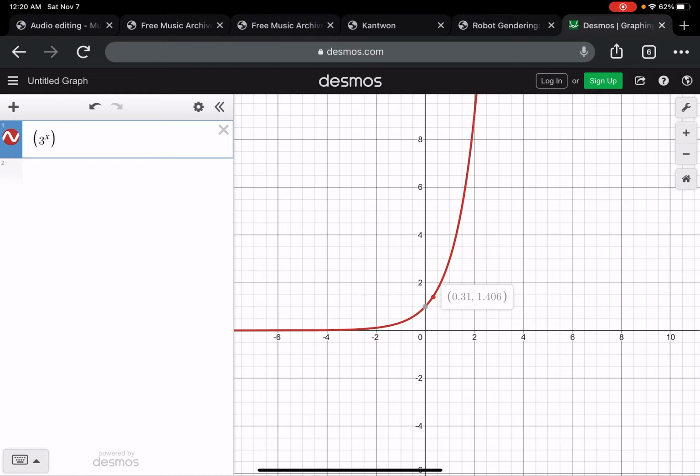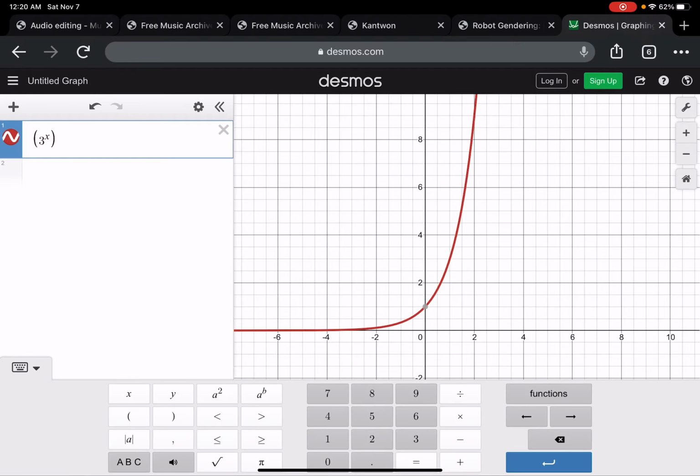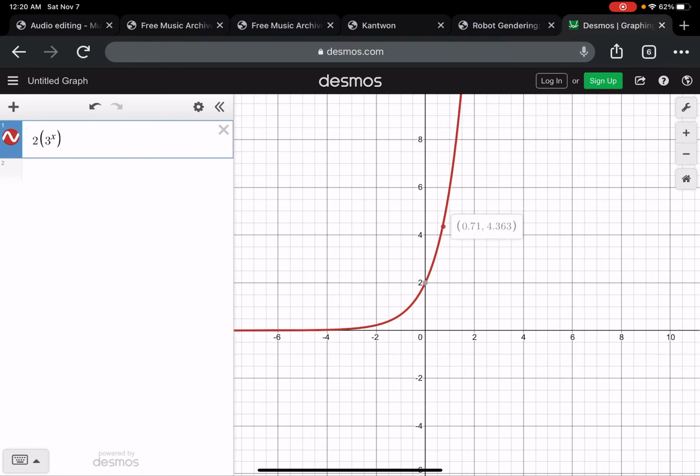At 1, this function is 3. Let's see if we put our 2 out in front. What is it at 1? At 1, this function would be 6. So you see, it's stretched it by 2.